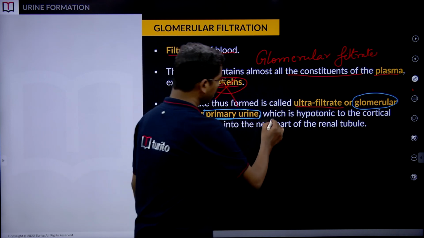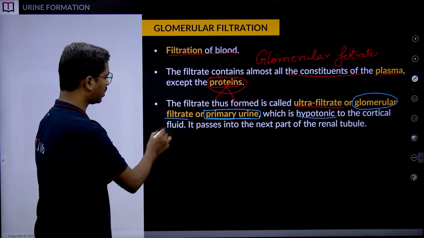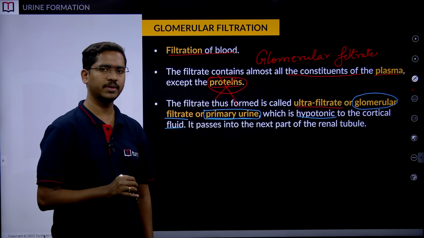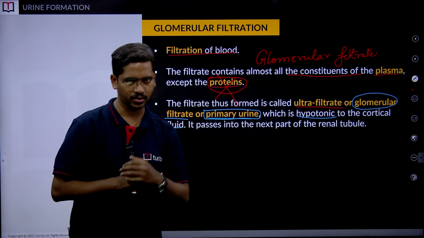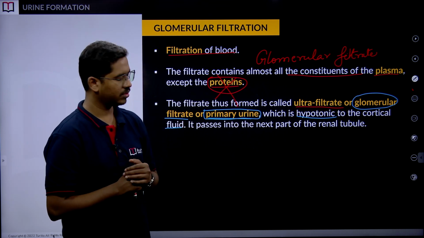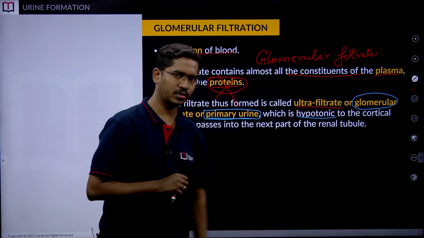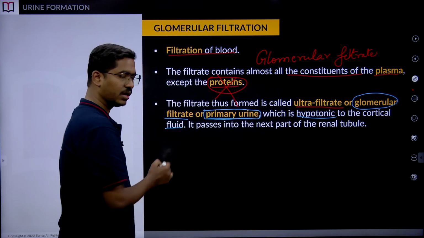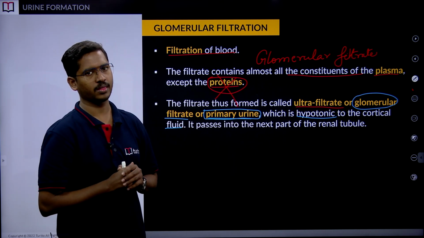Now, this primary urine is hypotonic to the cortical fluid. Hypotonic means it has a lot of fluid and less solute, right. That hypotonicity is with respect to the fluid present in the cortex region of the kidney. Got it?